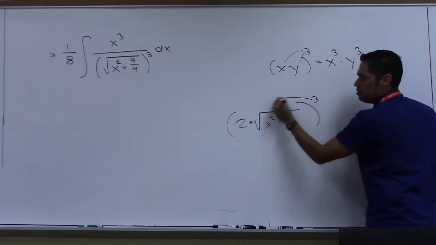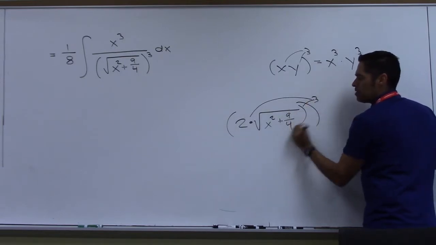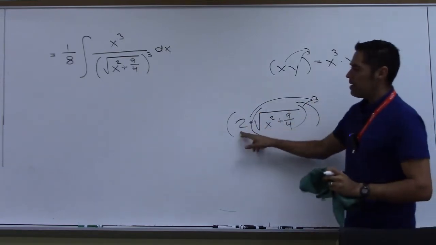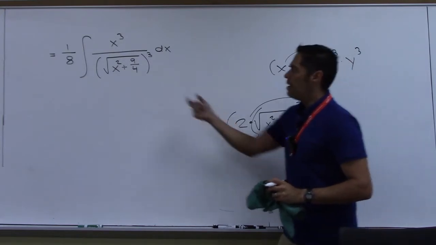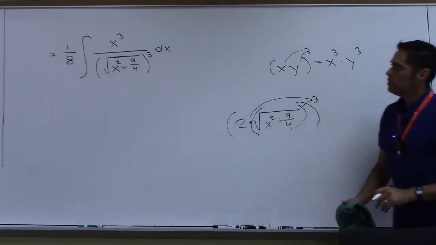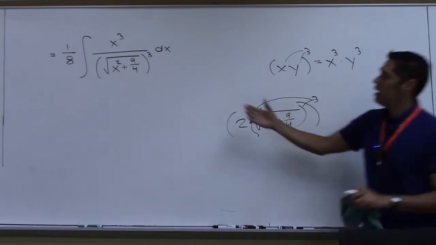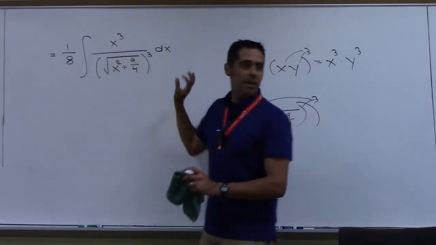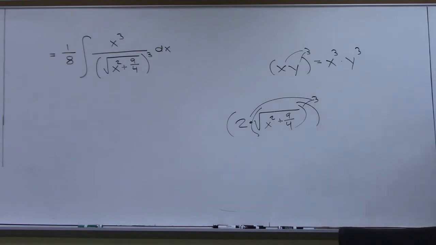So I cubed the 2, and then I cubed this root. When I cube the 2, I get 8, and since it's on the bottom, I pull it out as a 1/8. Then I have to cube the root, but I'm not cubing it yet, I'm just leaving it as that. Everyone good? All right, now we can make the substitution.